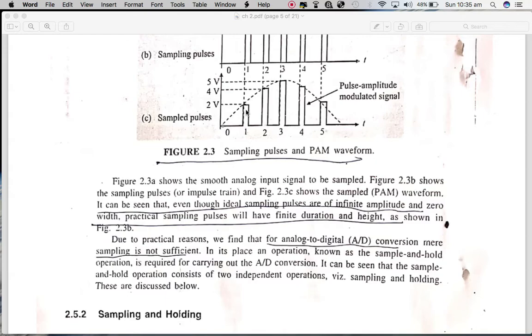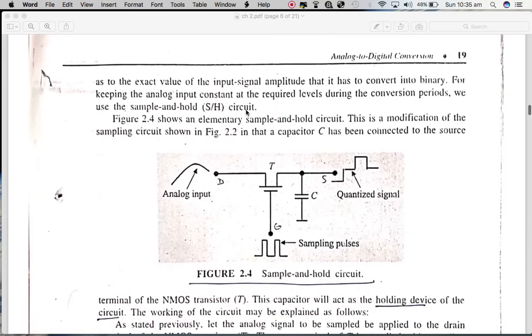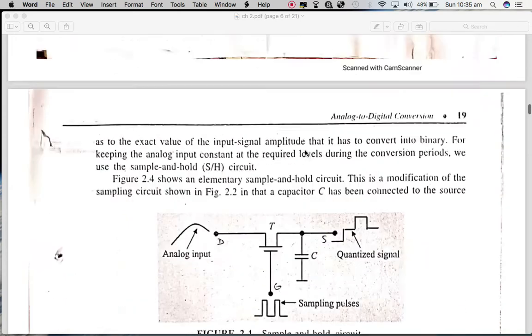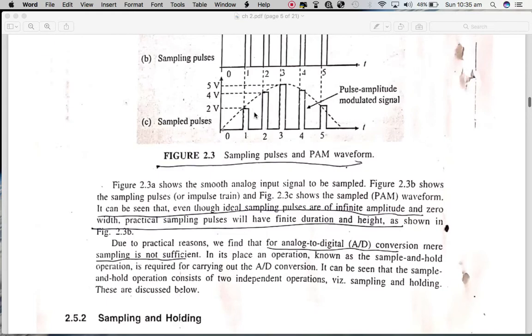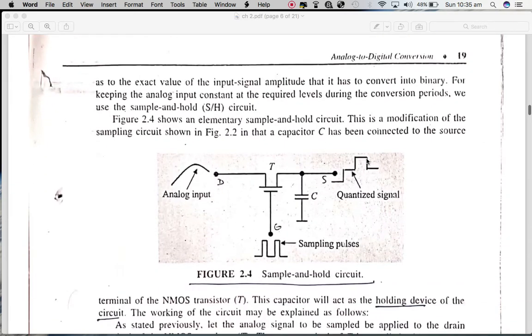So what we use for that is a sample and hold circuit, which modifies the sampling circuit by adding a capacitor, which is a holding device. It increases the time duration from a short duration to a large duration like this one, and in that way the issue of the A to D converter is resolved, and it can decode or encode the samples into binary codes at a very fast rate.